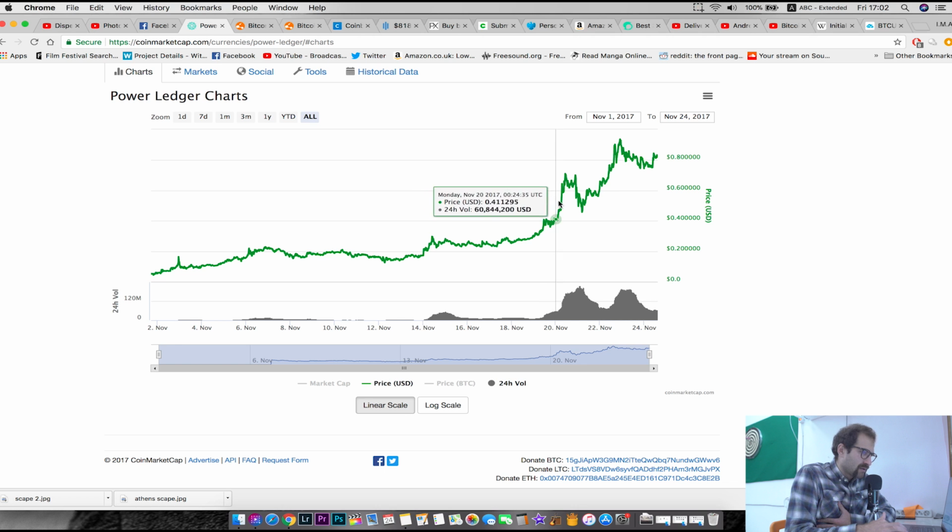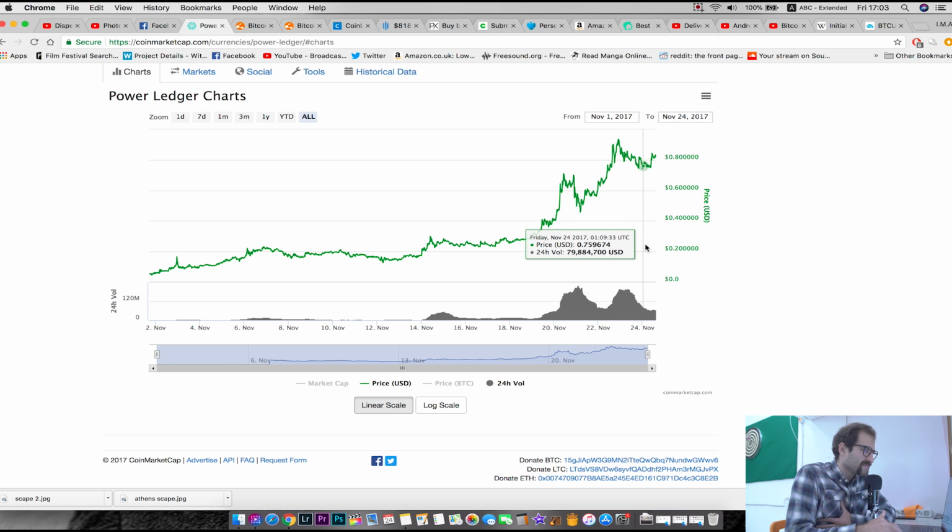And in a couple of days, November 22 to November 24, it escalated to a whopping $0.9 in price. This is ridiculous. If you bought into this, it should probably be a good time to get some profit from that.